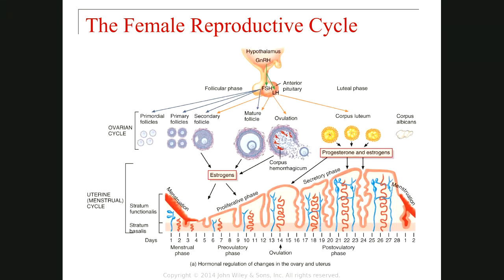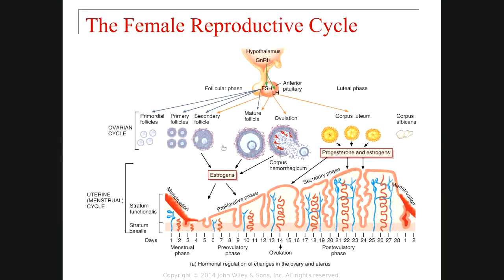In this picture, you can see the hypothalamus, the pituitary gland, the ovarian cycle, and also the uterine cycle. First, I want to talk about the ovarian cycle, and after that, I will talk about the uterine cycle. Look at the terms which we have here: menstrual phase, periovulatory phase, ovulation, and postovulatory phase.